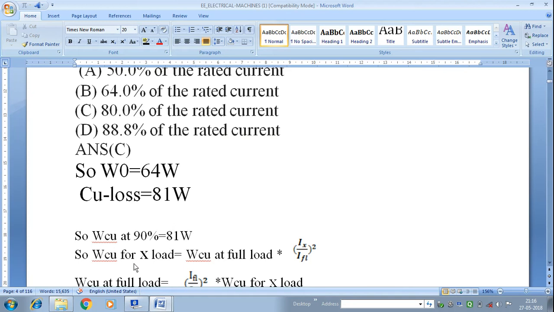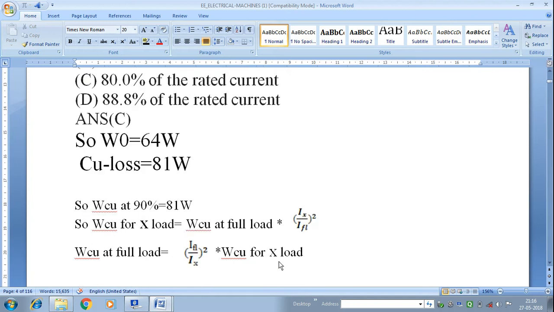So this is the formula to get the copper loss at any load or X load. So now we can find out the copper loss at full load, which is current at full load by current at any load, the whole square, into WCU for X load.